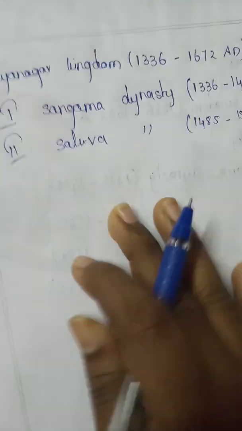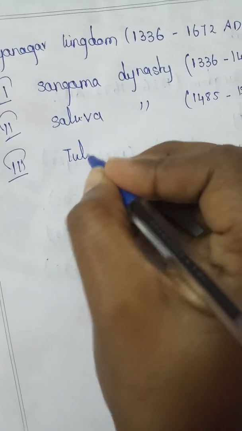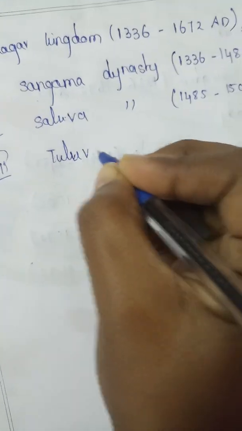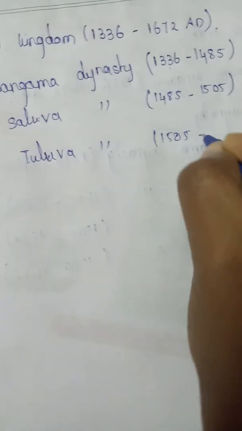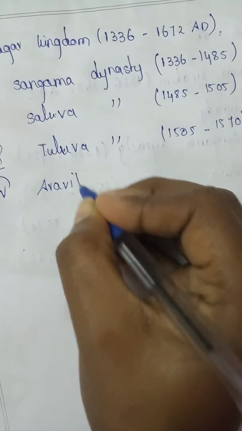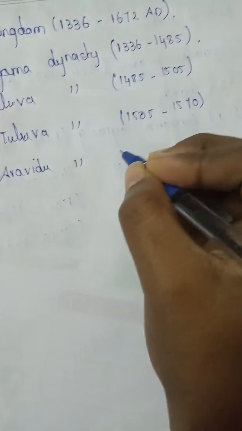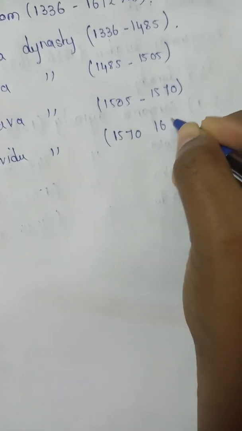The third was the Tuluva dynasty, from 1505 to 1570. And the fourth was the Aravidu dynasty, from 1572 to 1672.